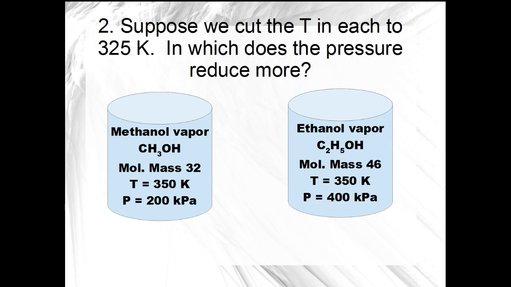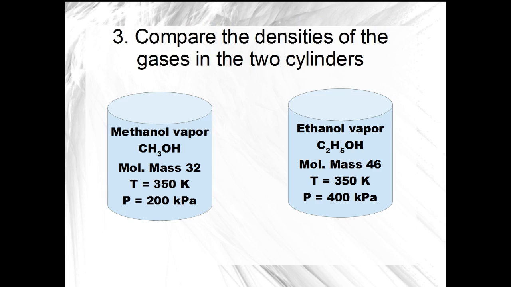So when you do that calculation, you would expect a greater reduction in pressure on the right than on the left. Even though the relative reduction in pressure is the same, the percent reduction would be the same, there would be a larger absolute reduction in pressure in the ethanol on the right. You can calculate that if you wish.